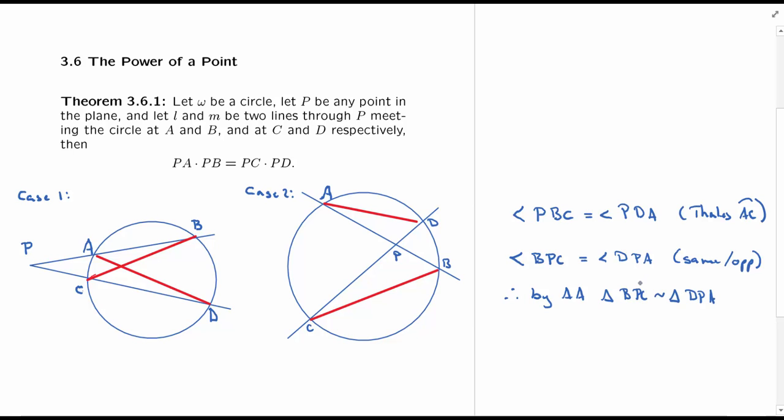And so now we can conclude that PB over PD is equal to PC over PA. And finally, if we cross-multiply this statement, what we end up with is exactly the result: PA times PB is equal to PC times PD.